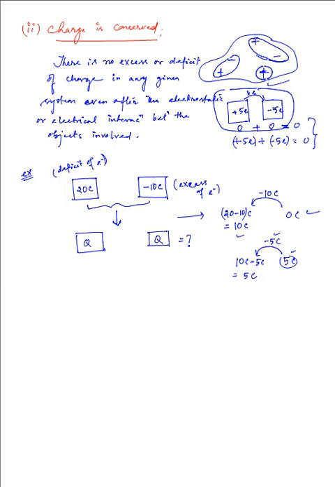So now both those bodies have achieved equilibrium, that is 5 coulomb each, and there won't be any further interaction necessary unless some forced interaction is taking place. We have achieved the net charge, the final charge, to be the same.